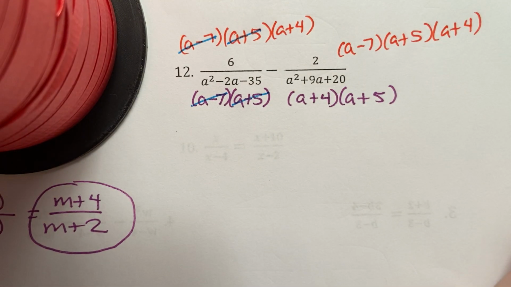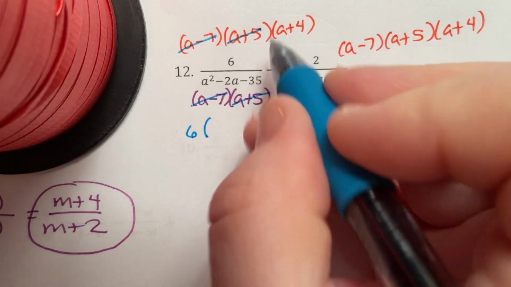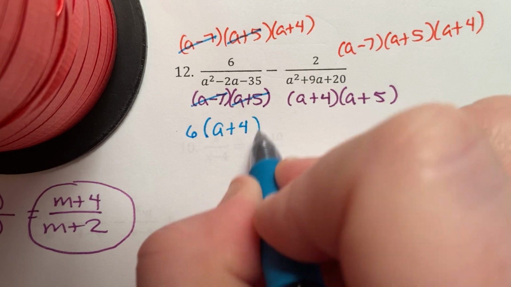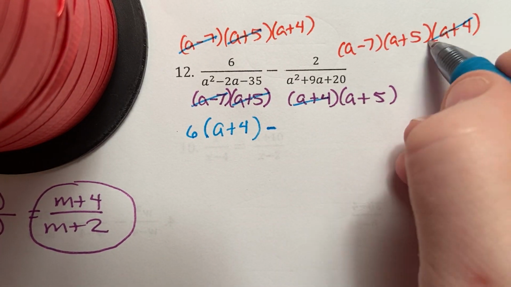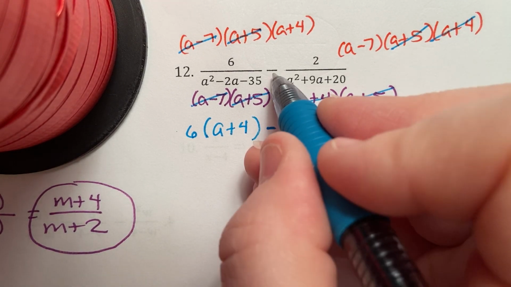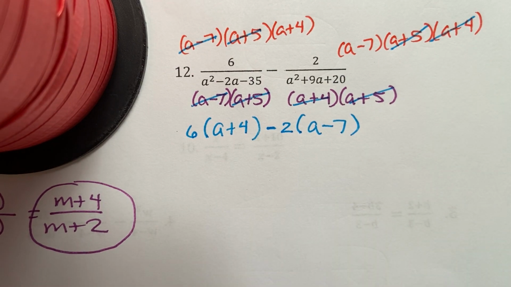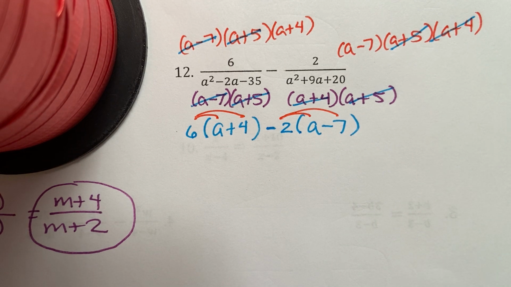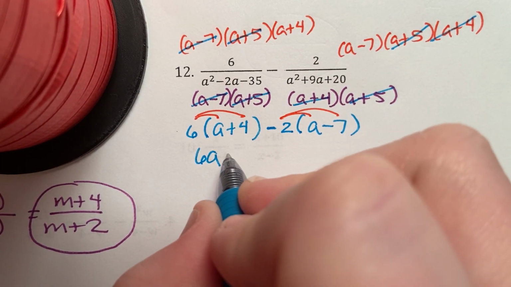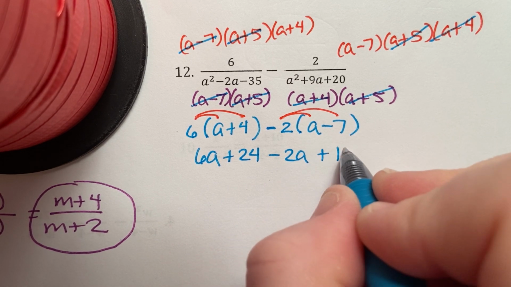So the a minus 7 cancels. The a plus 5 cancels. That leaves me with a 6 times a plus 4 minus, right? Here, the a plus 4 and the a plus 5 cancel, so I have a minus 2 times a minus 7. Now I'm going to distribute, which leaves me with 6a plus 24 minus 2a plus 14.